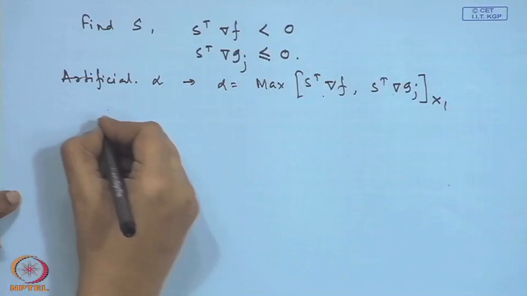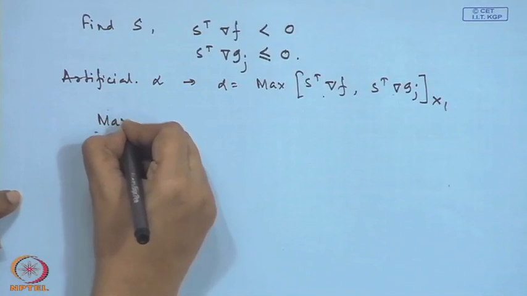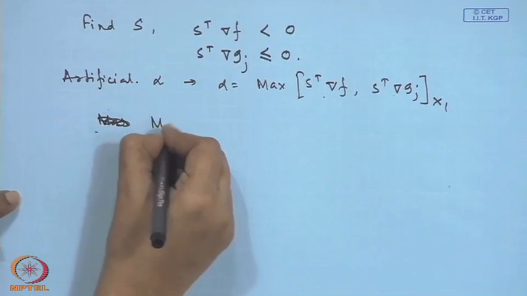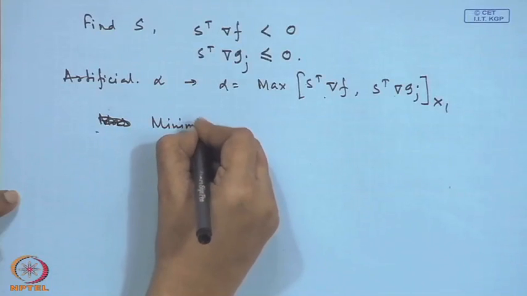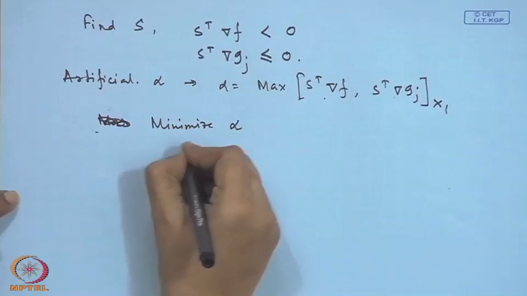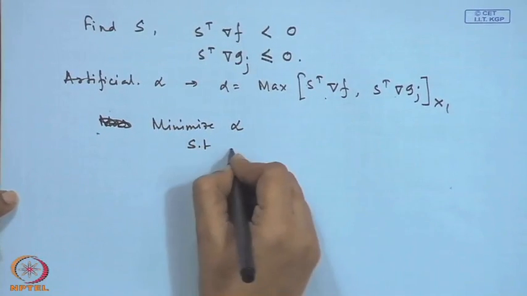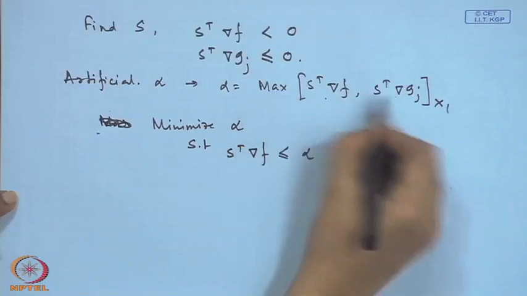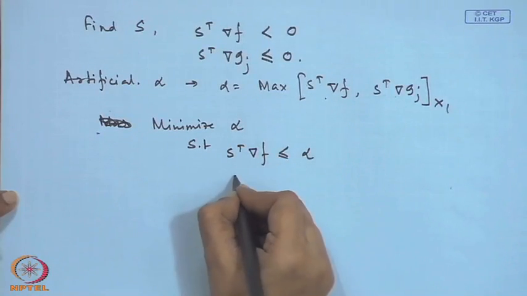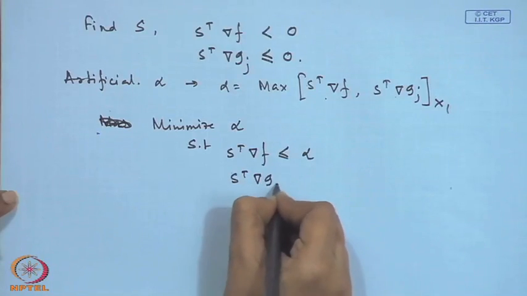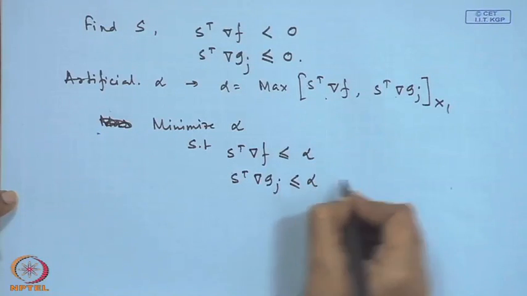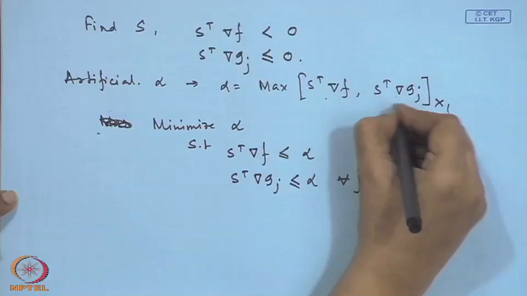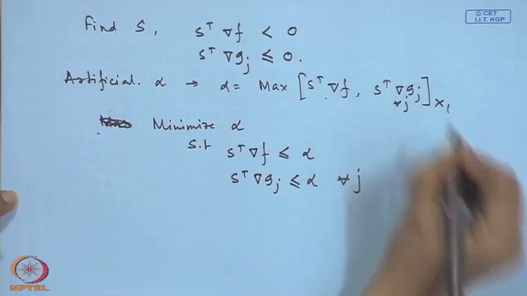Thus, we can formulate a problem as: minimize alpha such that S transpose grad f is less than or equal to alpha, because alpha is the maximum of these two, and S transpose grad gj is less than or equal to alpha for all j equal to 1 to m, here also for all j.